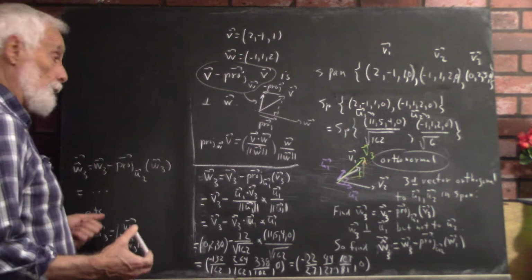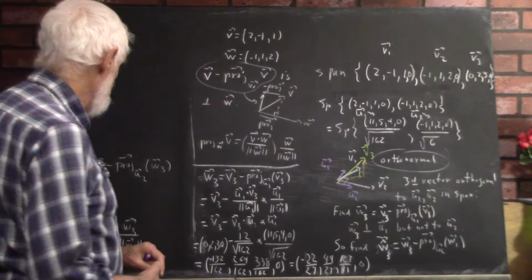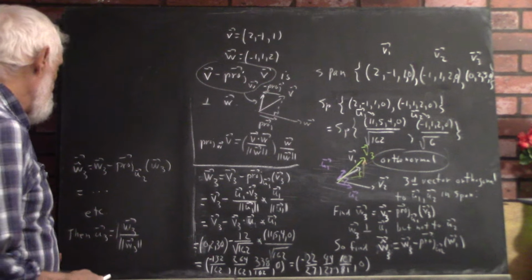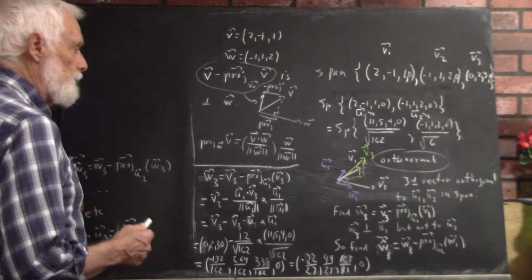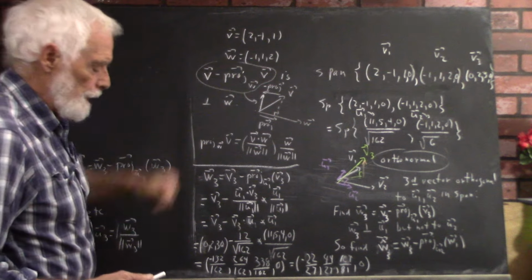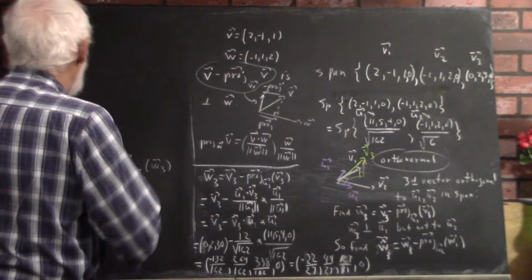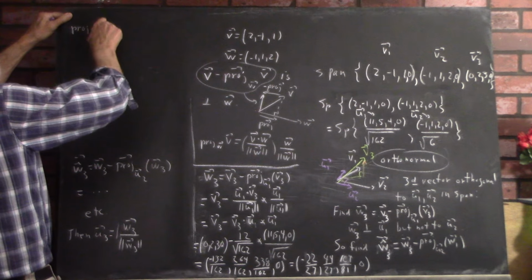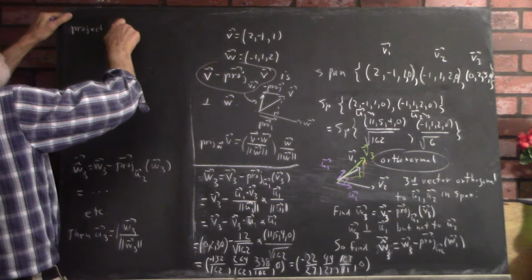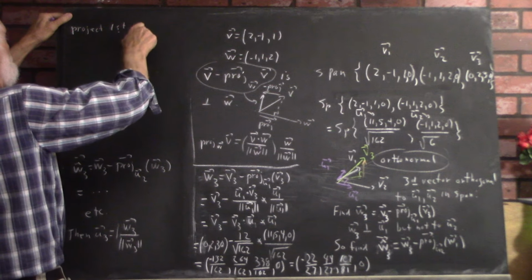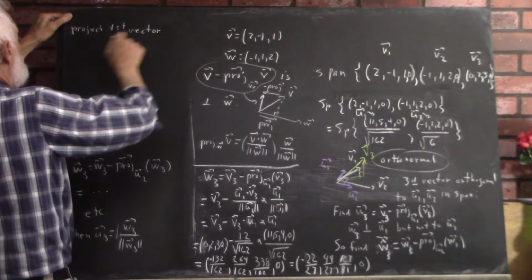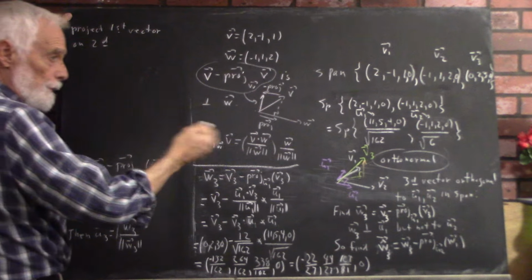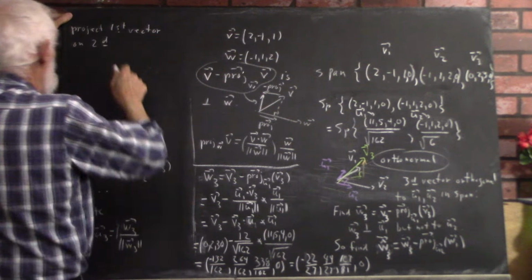Now the numbers that you're going to get in the problems in your text are much simpler. And the scheme is simply whatever number of vectors you have, you project say your first vector on your second, whichever vector you want to have first, whichever vector you want to have second.